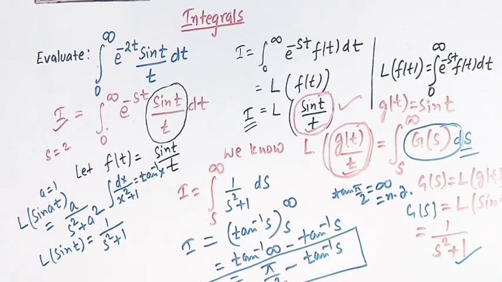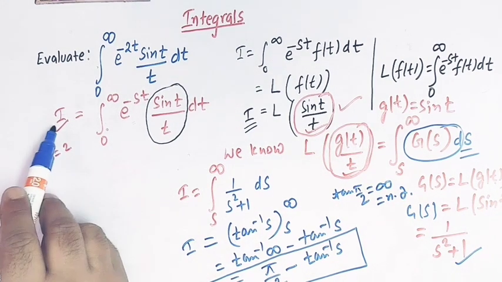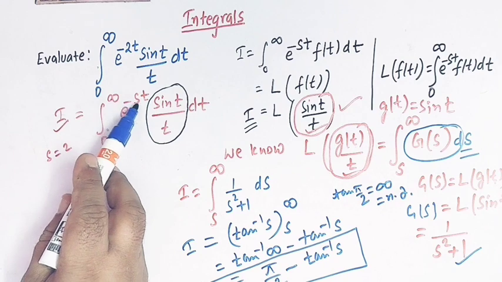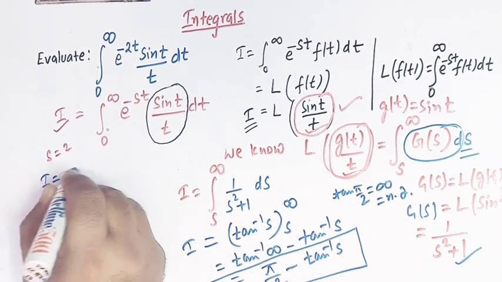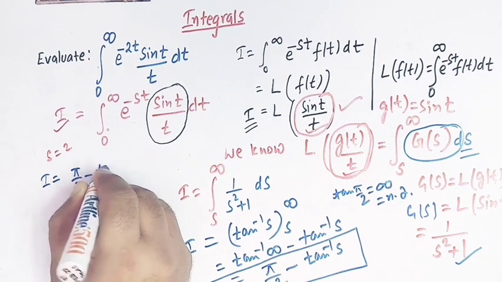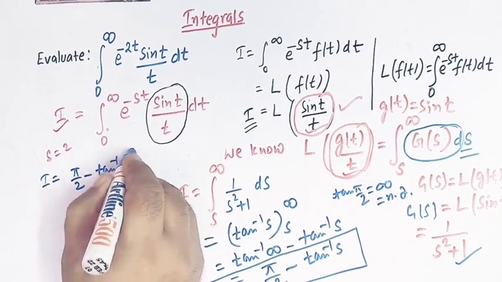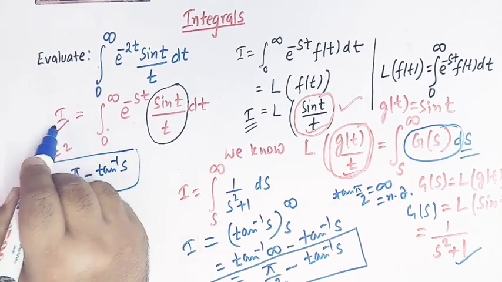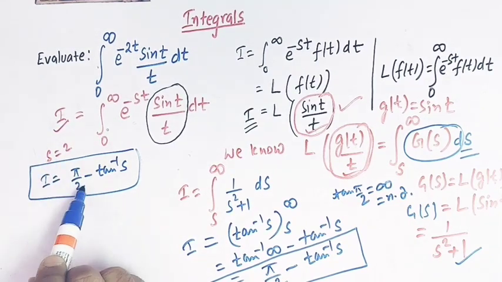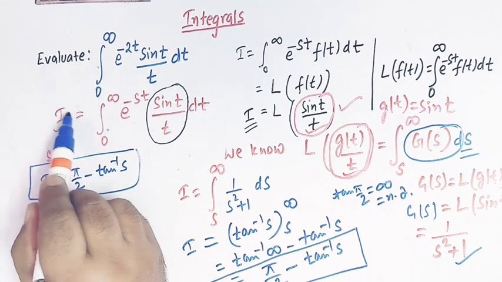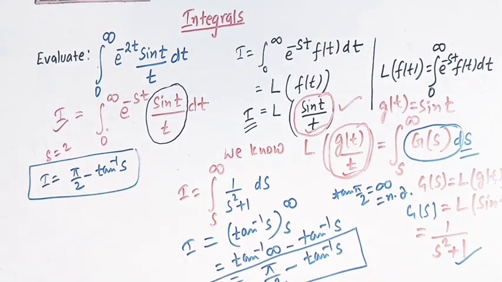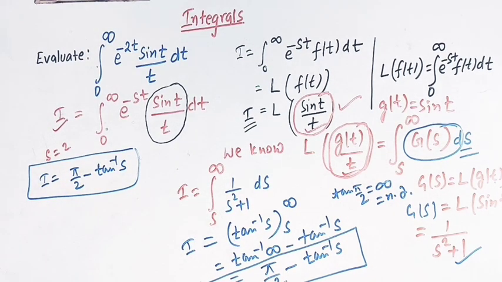So viewers, the value of this integral in terms of s is given by pi by 2 minus tan inverse s. And we can see that this value is a function of s, so the value of this integral depends on the value of s.